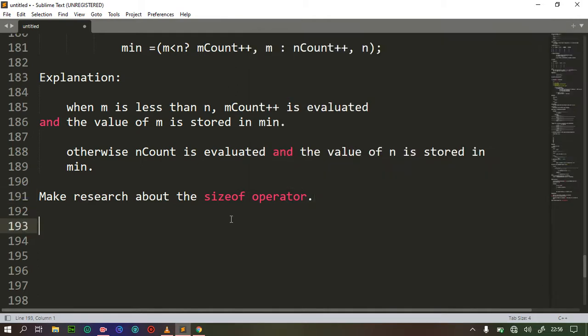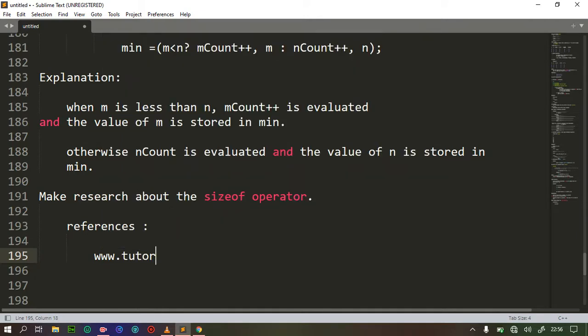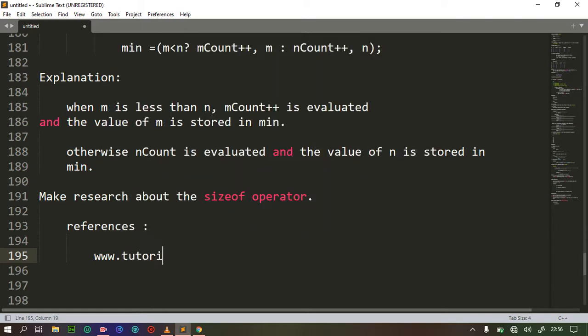Then you can even have some examples from whichever references. I said I'll keep on giving you references. You can go to www.tutorialspoint.com.